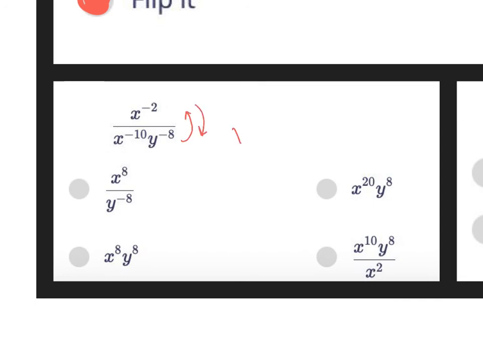When we do that, this 2 becomes positive, this 10 becomes positive, this y becomes positive. From there, x to the 10th divided by x to the second simplifies to be x to the 8th. And y to the 8th just stays the same. So x to the 8th, y to the 8th is our final answer here.